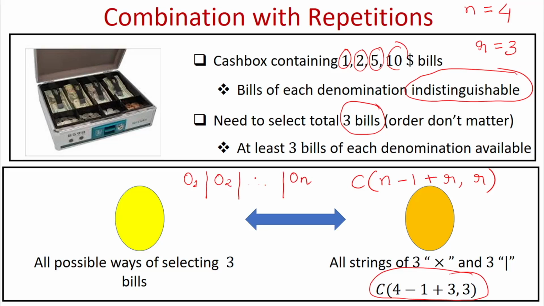So how many vertical lines will be there? n minus 1. And how many cross positions do you have to fill? You have to fill r cross positions. So the length of the string will be n minus 1 plus r, because it will have n minus 1 vertical lines and r cross symbols. That's why the general formula for r combinations where repetitions are allowed is C of n minus 1 plus r, r.